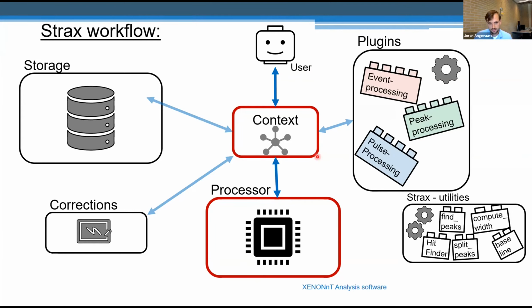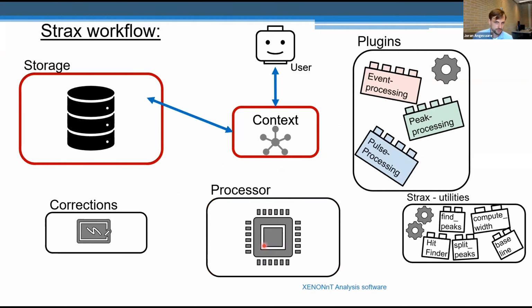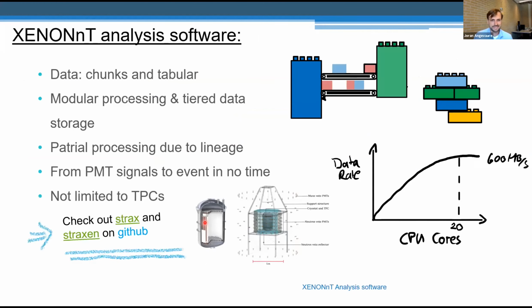And then it will start processing it and return it to the user, as well as store it to disk, so that next time the user wants to use it, it's still there.